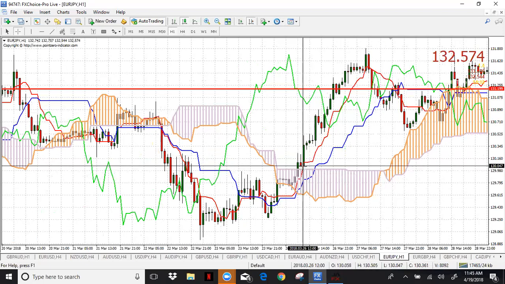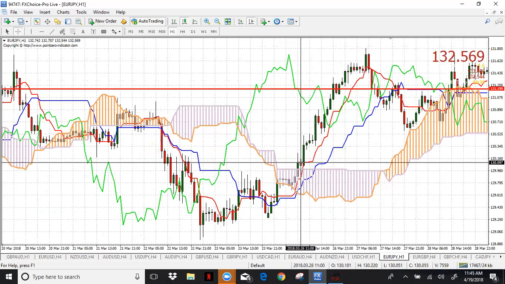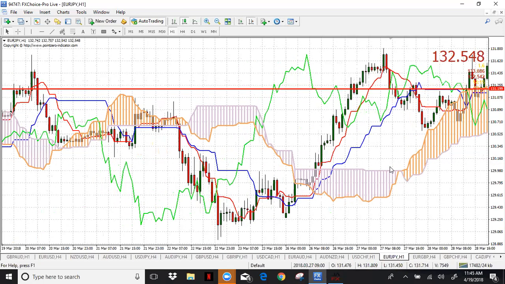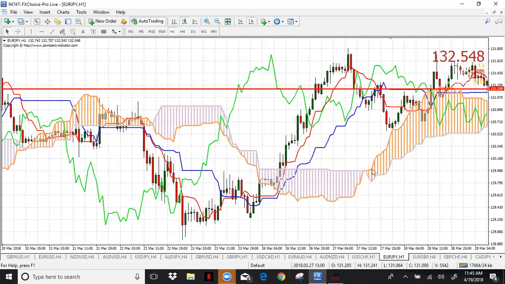So you wait for it to break the cloud, you go to your candle, you want to go 26 periods to the right, and the question is, at 26 periods, did we have a Kumo twist? That's this thing right here. So 26 periods means 26 periods to the right, you want to look for what's called a Kumo twist, which means it's changing from a sale to a buy or a buy to a sale.